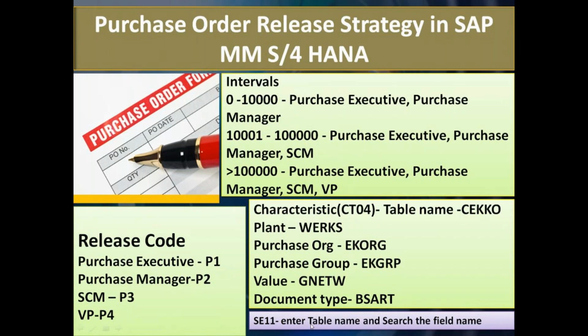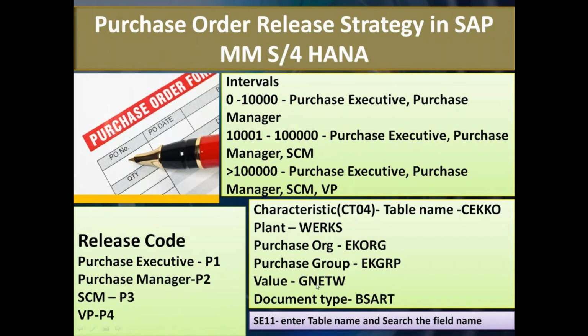So these are the characteristics, and for each characteristic we have standard field names. For plant we have WERKS, for purchase organization it is EKORG, for purchasing group we have EKGRP. For value, for purchase requisition it was GSWRT, and for purchase order it is GNETW.